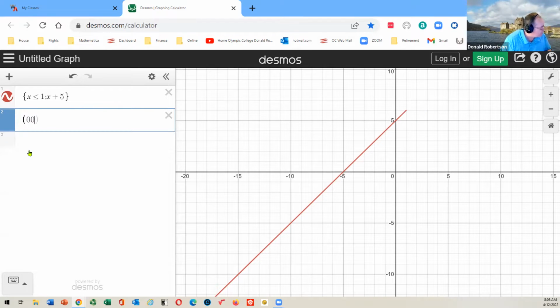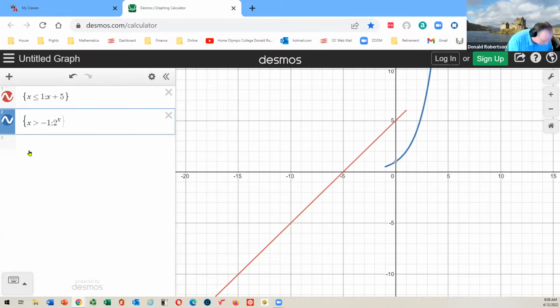It's not this hard. It's just that I'm trying to reach over to do something and I can hardly see the keys when I do that. There we go. And this should be -1.